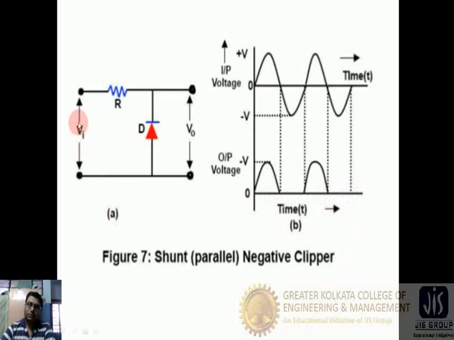When we apply a positive potential of this input signal, the diode is in reverse bias, because the input is positive and the other side is negative. So the diode is in the reverse bias state, and we get the positive peak, like in the previous picture where we got the negative peak. In this way we get a positive peak. So it is an example of a shunt negative clipper circuit.